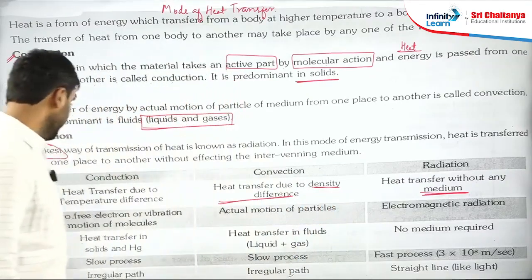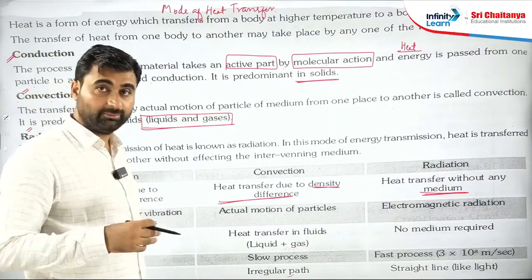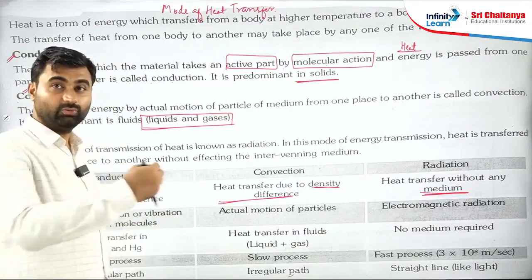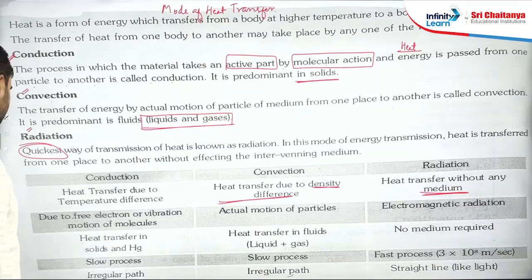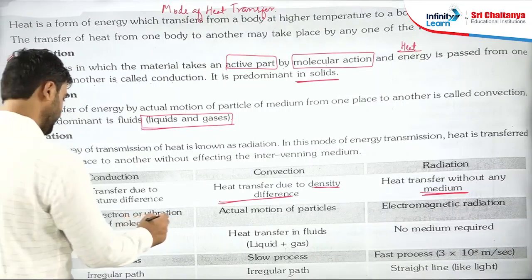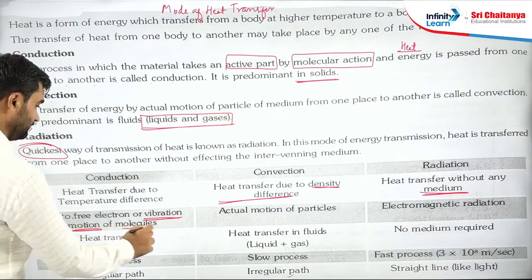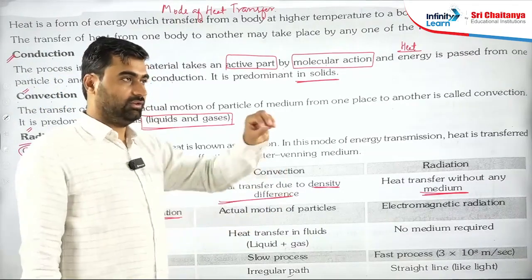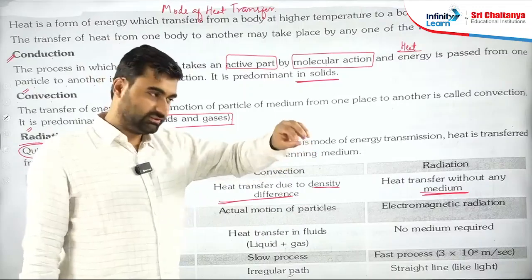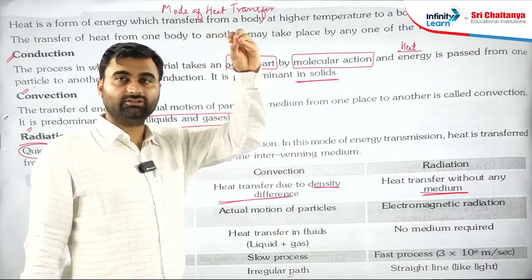And in conduction, heat transfer takes place due to temperature difference, but how does it happen? Due to vibration of molecules. Here in convection there is complete displacement: one molecule which is at the bottom displaces from one point to another point.